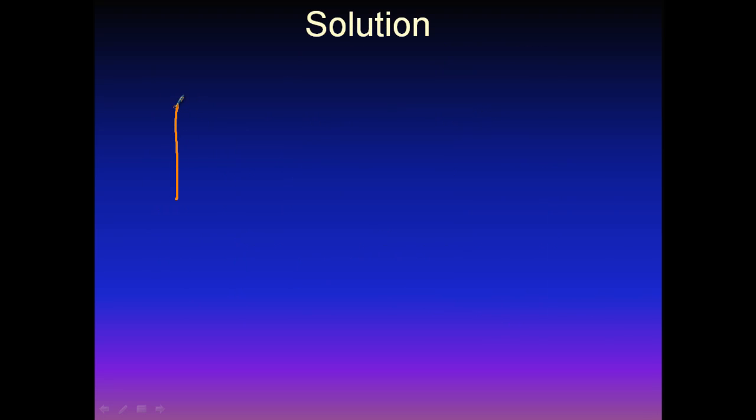So here's the elevator. Here you are in the elevator. Here's the scale you're standing on. And it says that we're accelerating upwards at 2 meters per second squared. So that equals your acceleration.